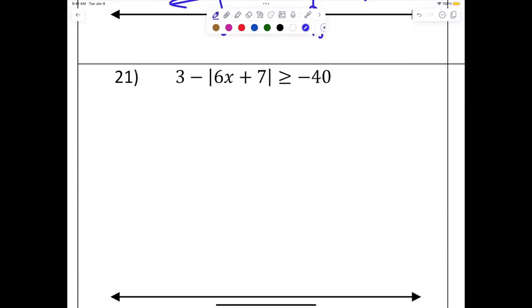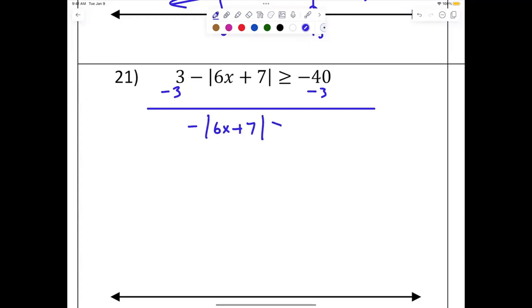What do I have to do first? Subtract 3. Thank you. Now, what do I do with the inequality signs?